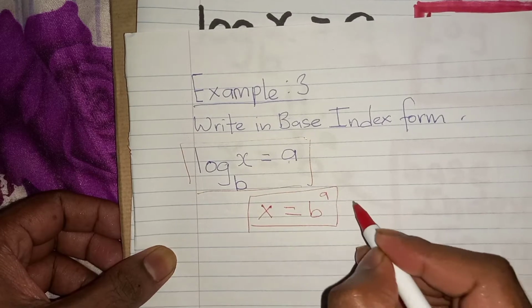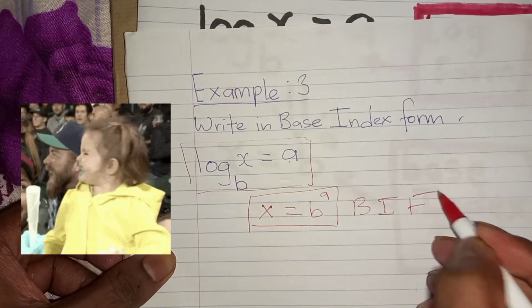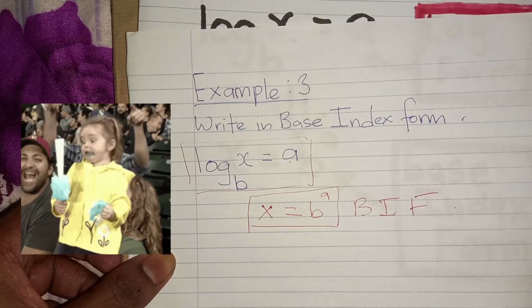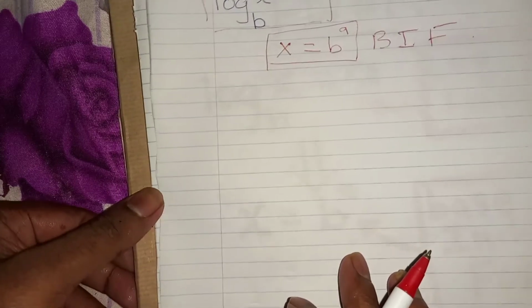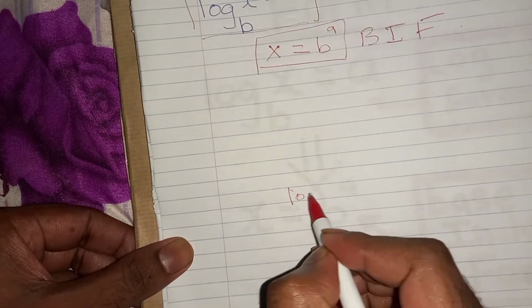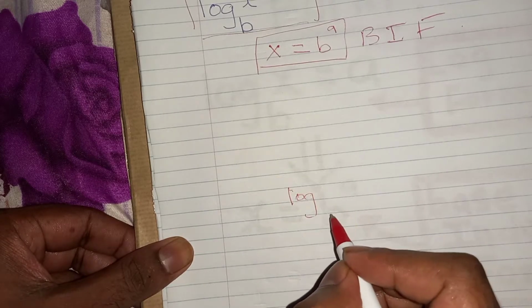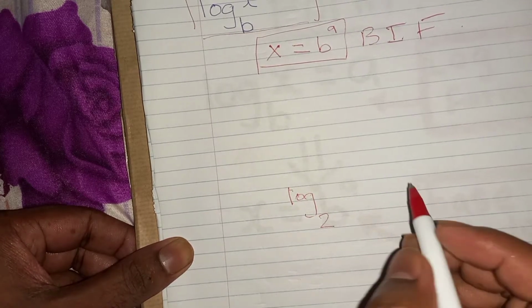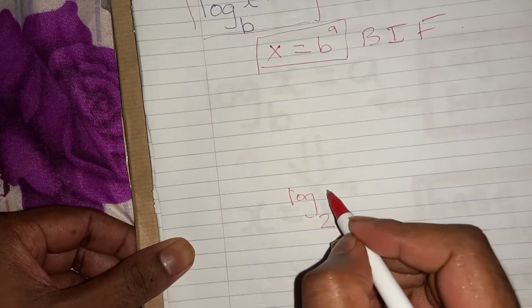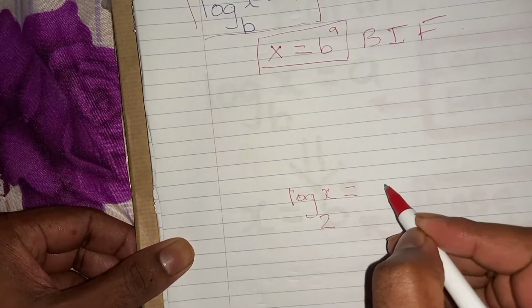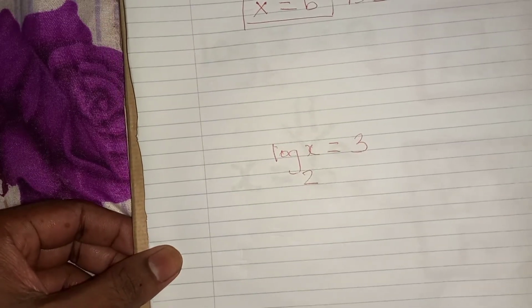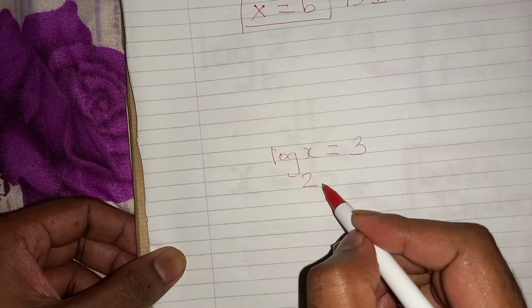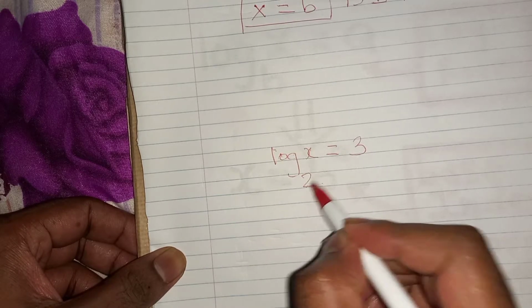For an easy approach, whenever you are given any log, let's say log base 2 of x is equal to, let's say, 3, you can always have a relation between 2 and 3.